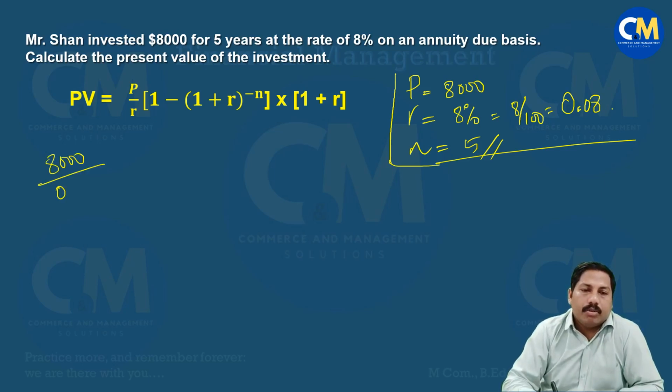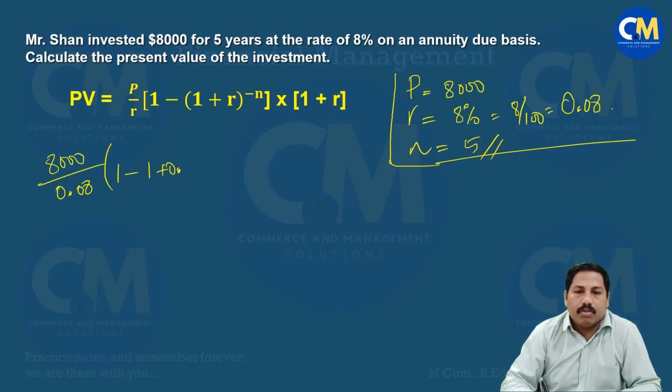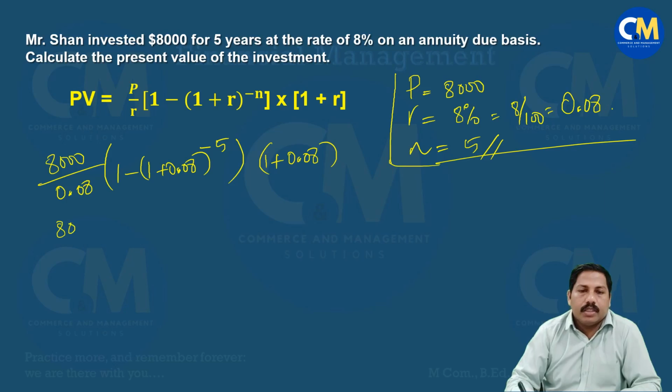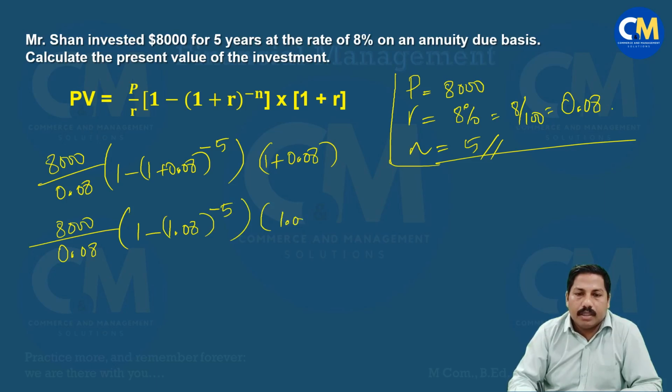That means 8,000 divided by 0.08 into 1 minus (1 plus 0.08) all power minus 5, into 1 plus 0.08. Then you will be getting 8,000 divided by 0.08 into 1 minus 1.08 raise minus 5 into 1.08.